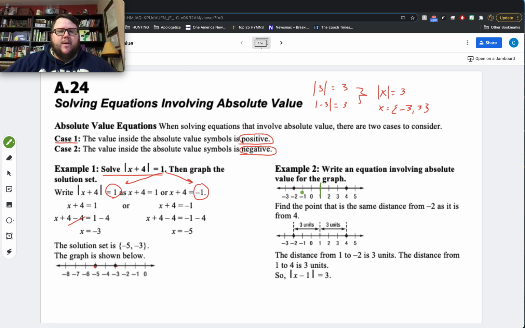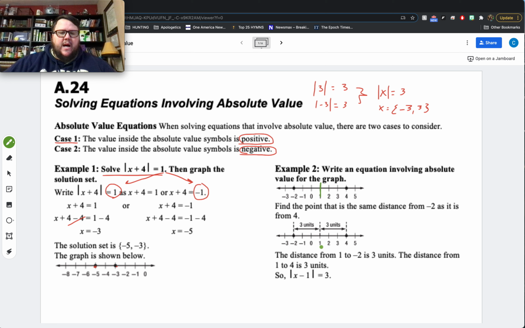And I'm going to say that that is my midpoint. So at 1 is my midpoint. And if you notice, when I have 1, I'm 3 units to the left gives me -2, and 3 units to the right gives me 4. So we know that 1 is my middle unit. So from there, I'm going to set up the distance from the equation. So we're always going to do x minus whatever this value is inside the absolute value.